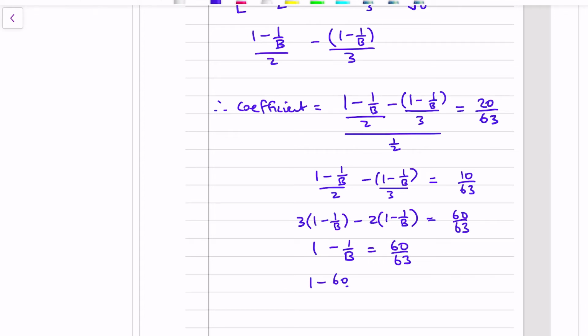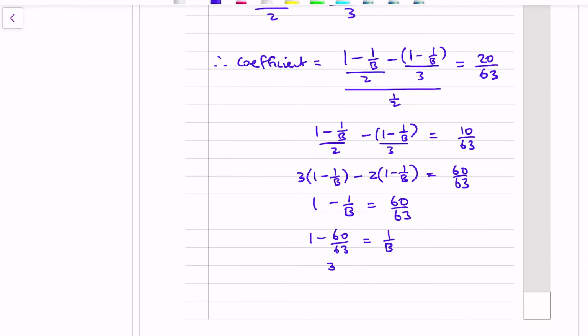One minus 60 over 63 equals 1 over b. 3 over 63 is 1 over b. So b is 63 over 3, which is equal to 21.